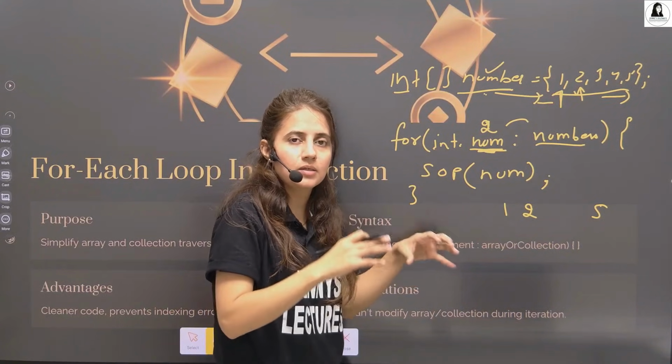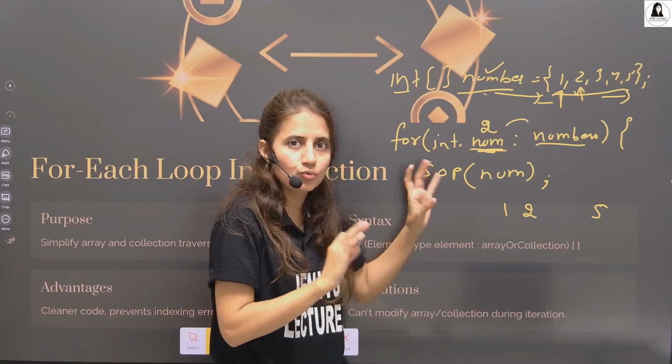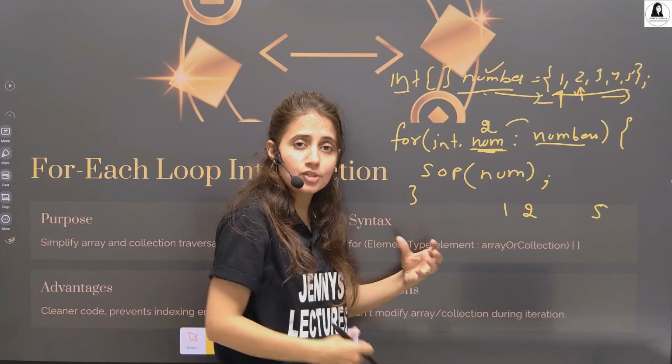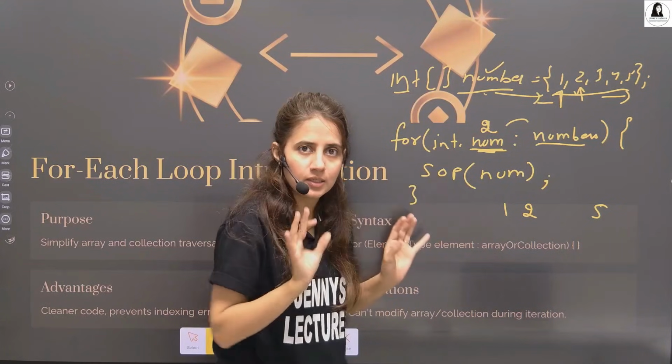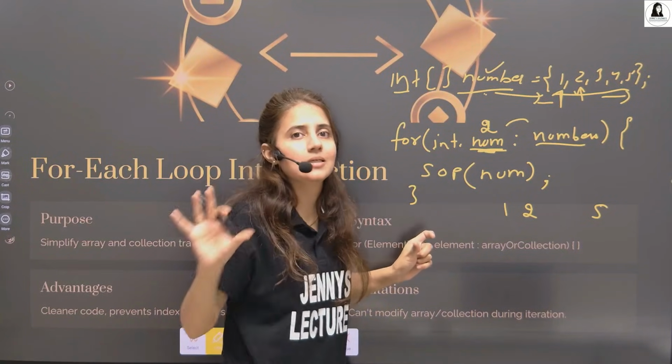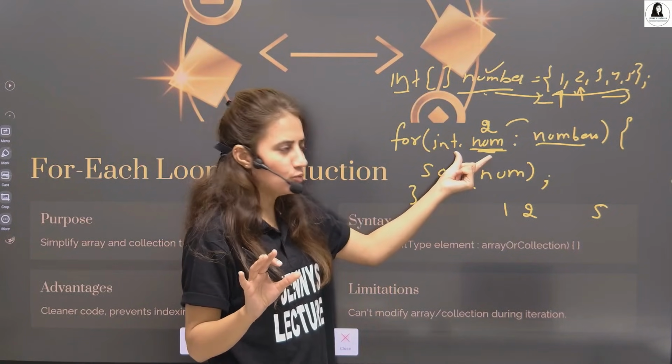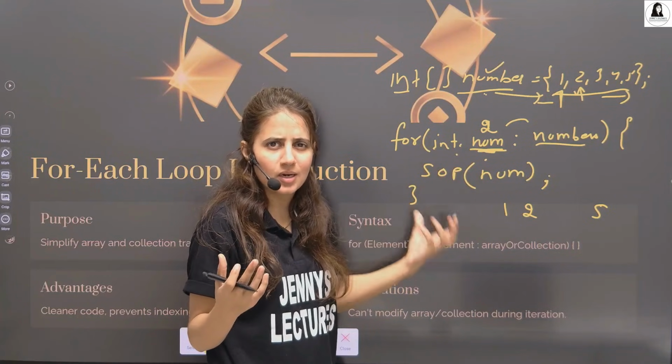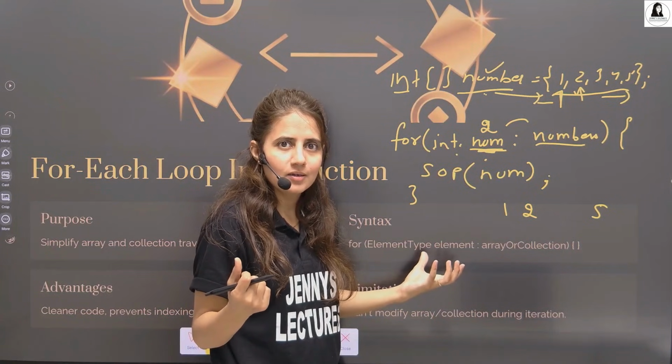This is implicit. The condition is implicitly written here. No need to write it explicitly. Modification is also done implicitly. No need to write that. So the makers of Java made this loop much simpler and cleaner. It's much simpler to write, clean and easy to understand. It's more readable, right?